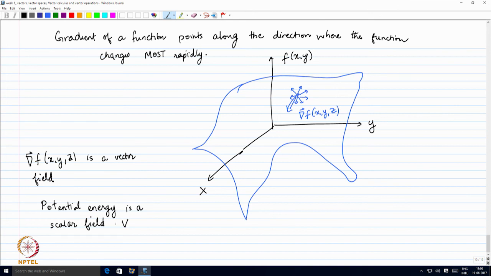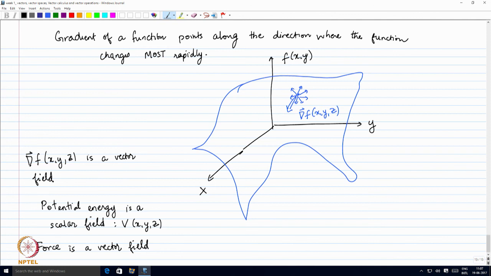So, you could have V of x y z. That means your potential energy depends on where you are in space, and the force is a vector field.